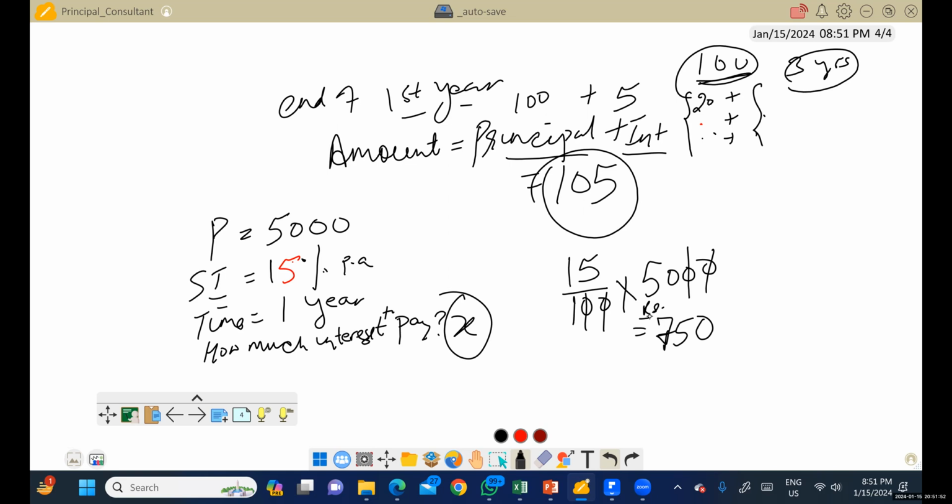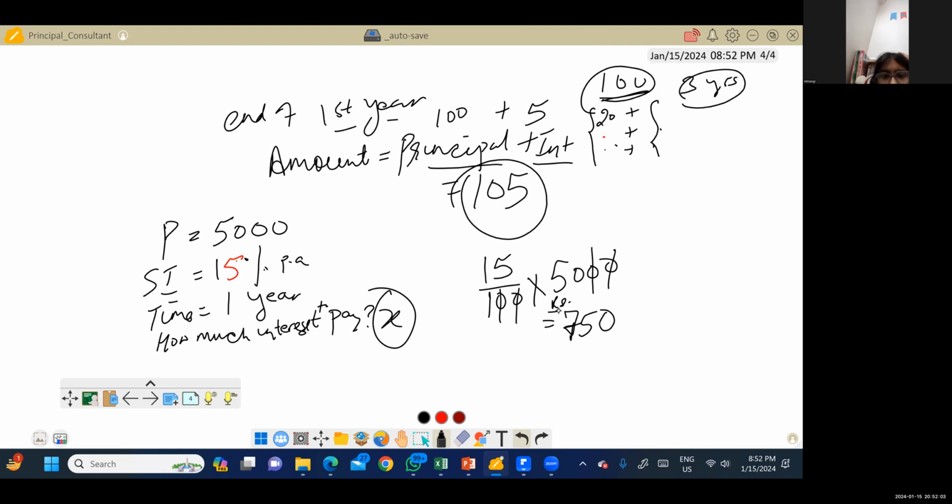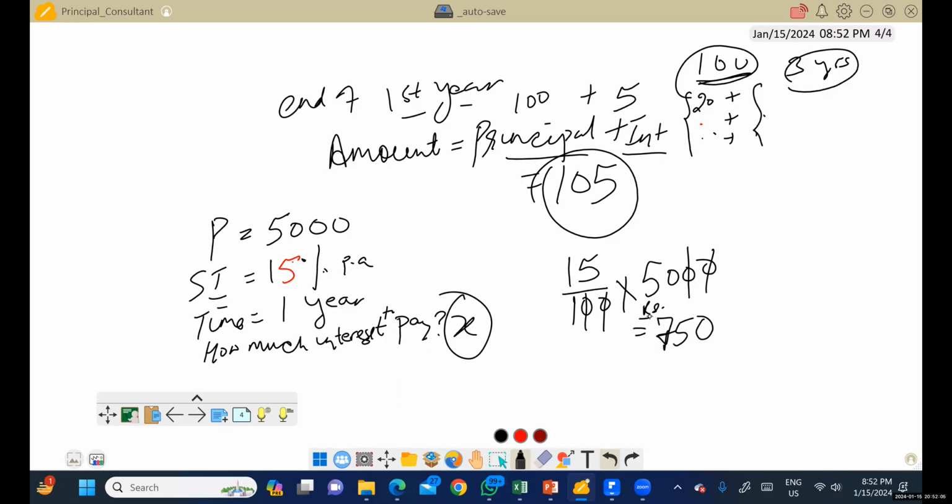Let's do it another way. This is a very simple way, because it is a percentage. So can we think of something like this? For every 100 rupees, see what am I finding?